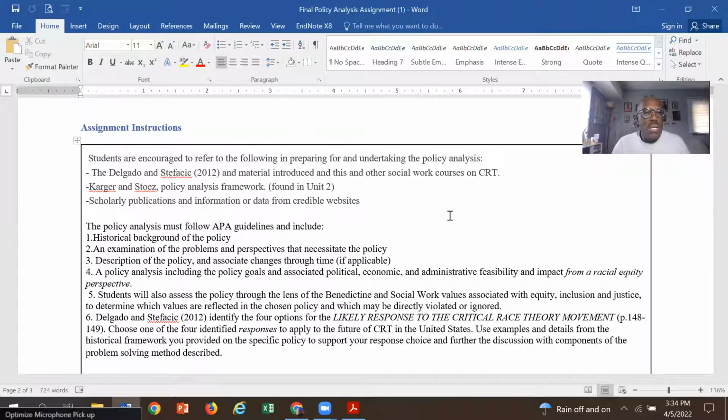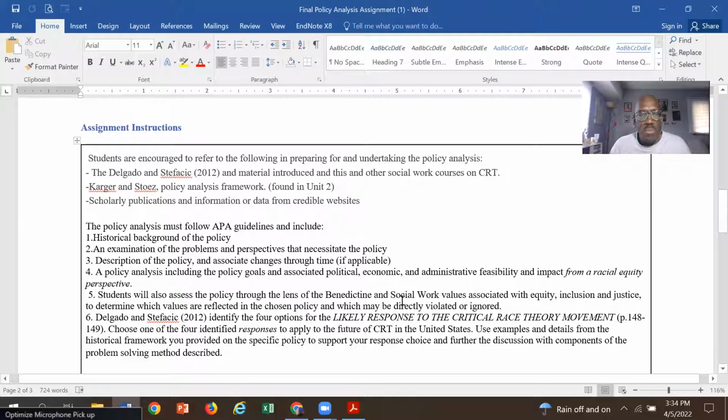Beyond these 4 pieces, there is also looking at it through the lens of the Benedictine values and social work values. As you know, as a student here at the College of St. Scholastica, we have 5 Benedictine values that guide the work that we do. You'll need to look on the website to find out what those Benedictine values are. I know them, but I want you to look.